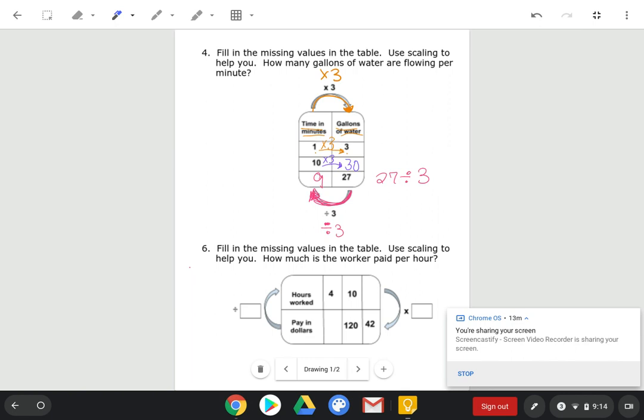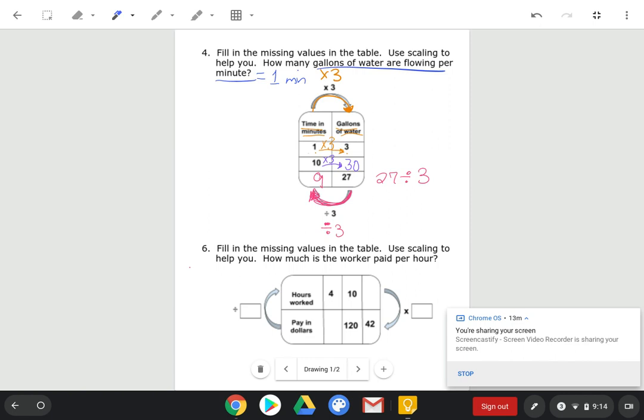Now, don't forget to answer this question. It says, how many gallons of water are flowing per minute? Notice it says minute, not minutes. Since it says minute, they are asking you for 1 minute, not 10 minutes, not 20, but just 1.